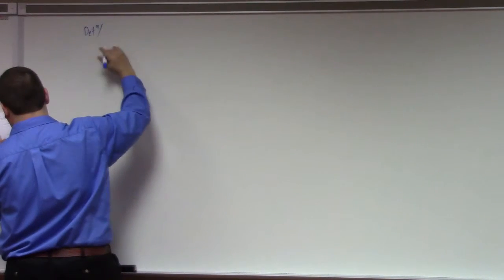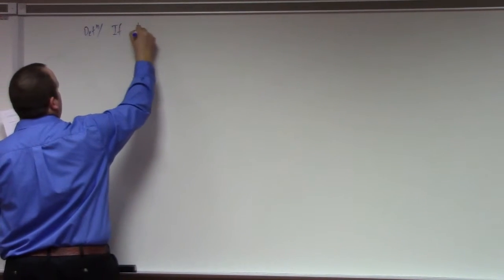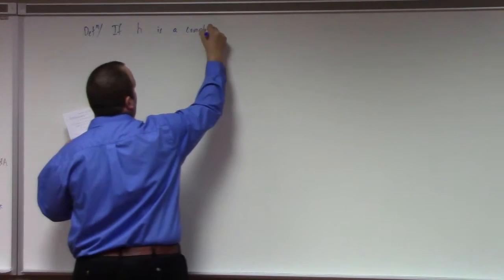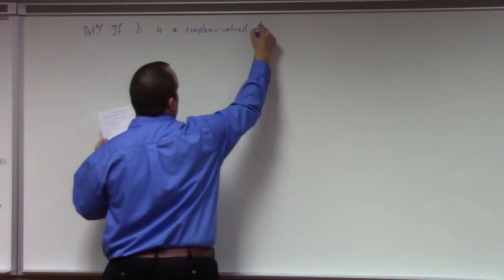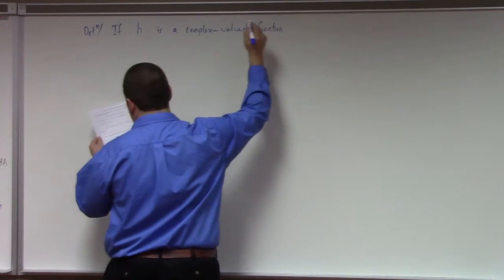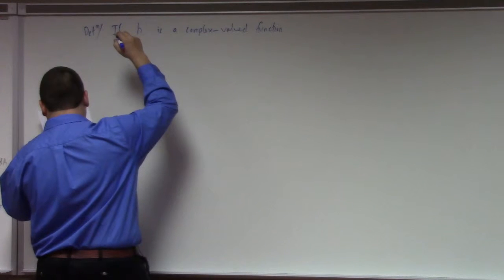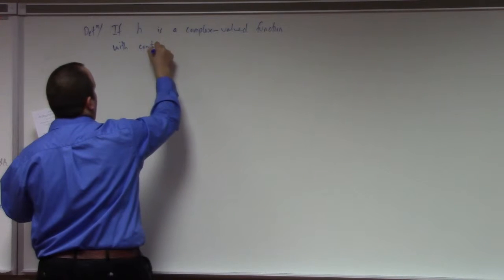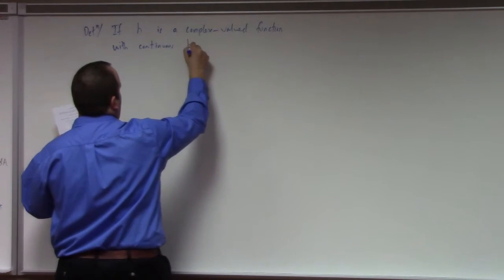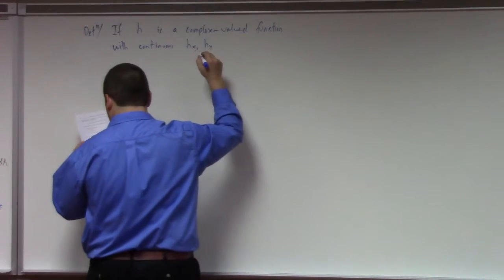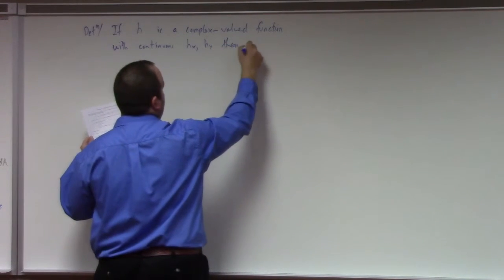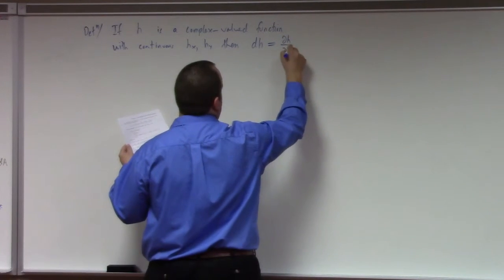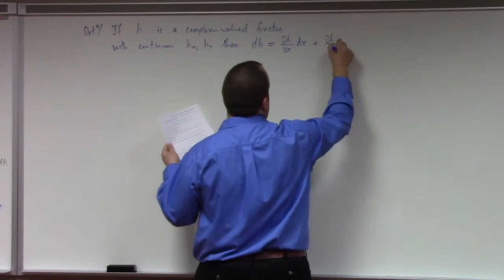So if h is a complex valued function which has continuous real partial derivatives, so h sub x and h sub y, then we define dh, the differential of h, to be partial h partial x dx plus partial h partial y dy.